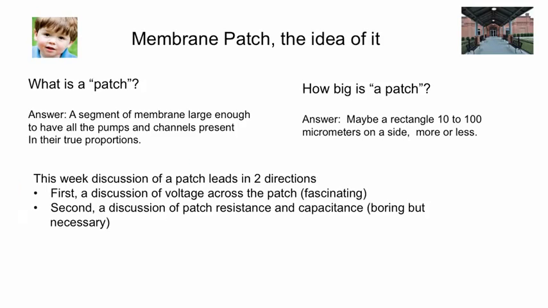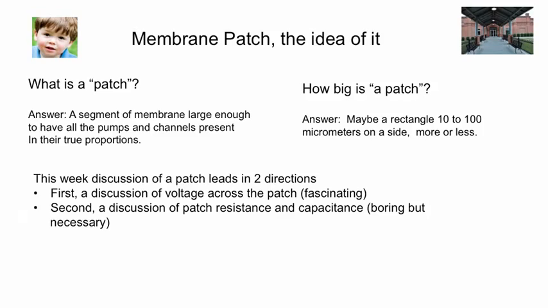What are people talking about when they talk about a patch? People with a mathematical background often say, well, this is like an infinitesimal element in calculus. It's sort of true in that a patch is a small element.